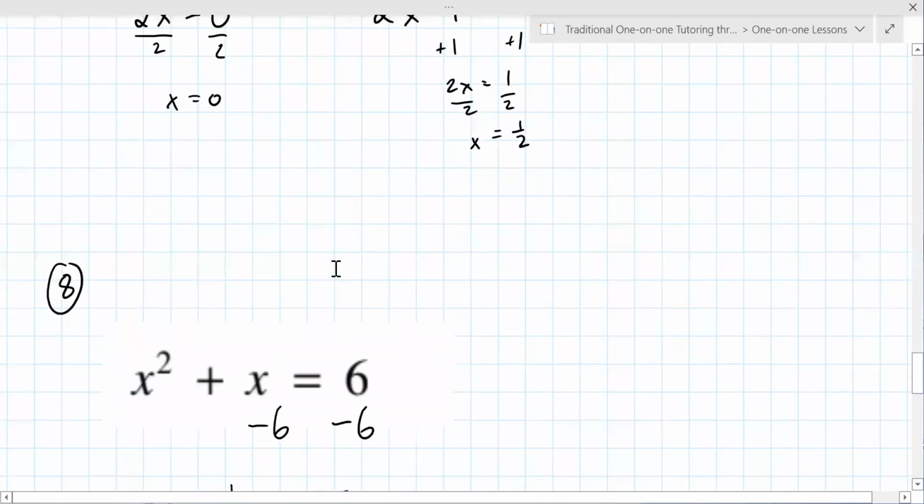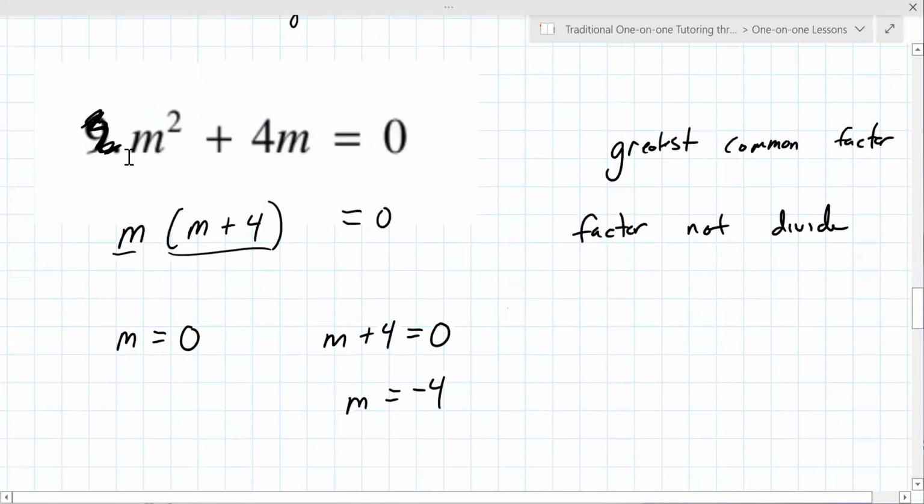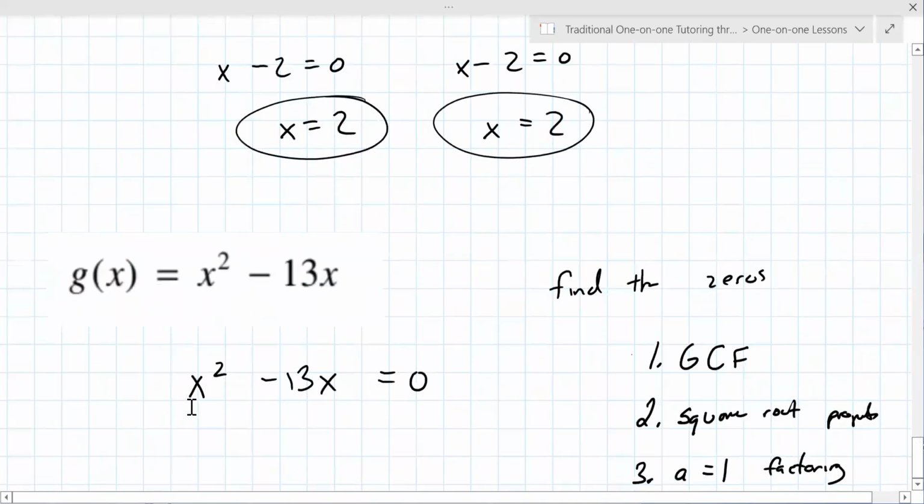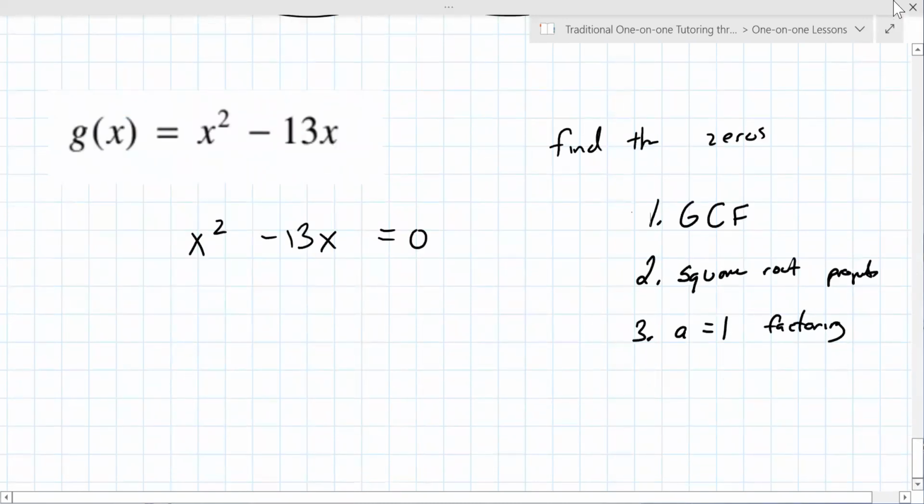Okay, so greatest common factor works really well when there are less than 3 terms, but they both have a variable in it. So let's look at this problem. Do both terms have a variable in it? Yes. So greatest common factor would be the preferred choice here. So what do you factor out of both?